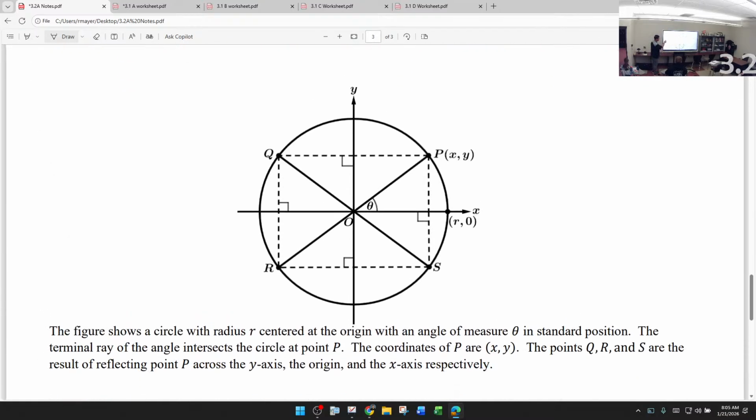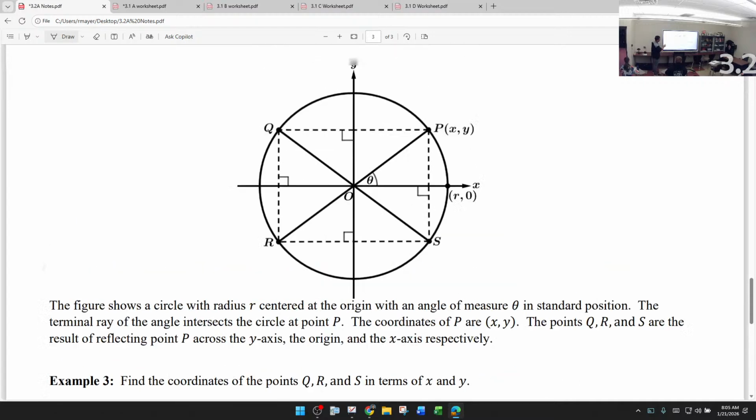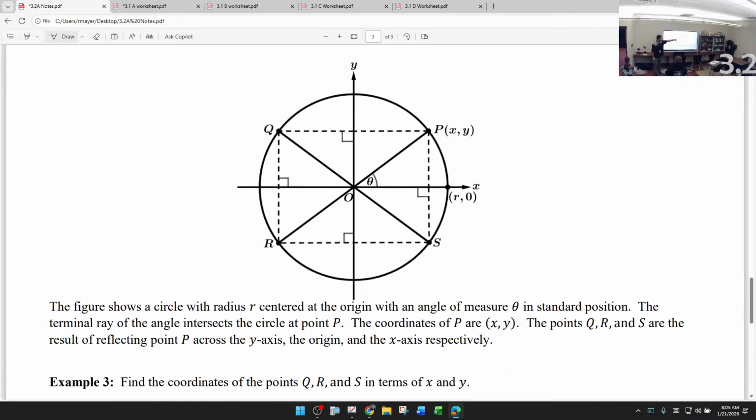So I got a P, a Q, an R, and an S. The figure shows a circle, radius r, centered at the origin with an angle of measure theta in standard position. The terminal ray of the angle intersects the circle at point P. The coordinates of P are x, y.